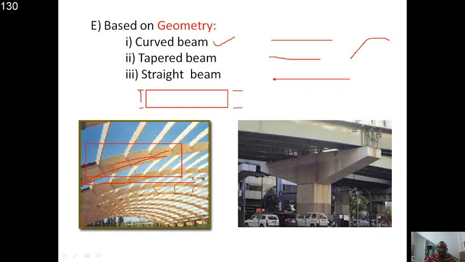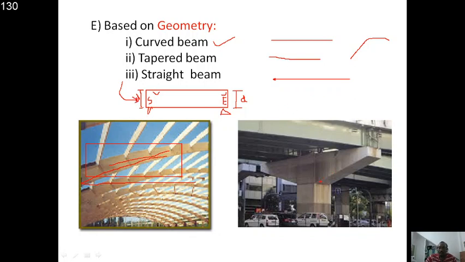If I say this is a starting point and this is an ending point of the beam, it has one support here and another support here. So from starting point to end point, the depth is the same. If you see here, the depth is the same, then it becomes a straight beam.